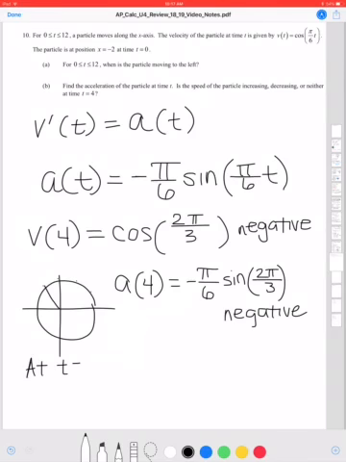All right, therefore, at t equals 4, the particle is speeding up.